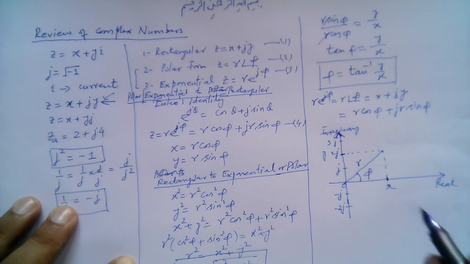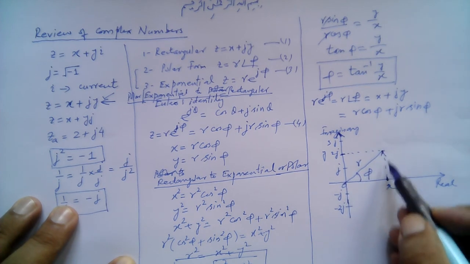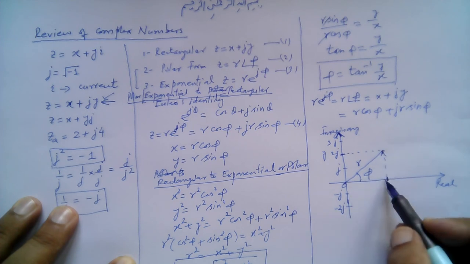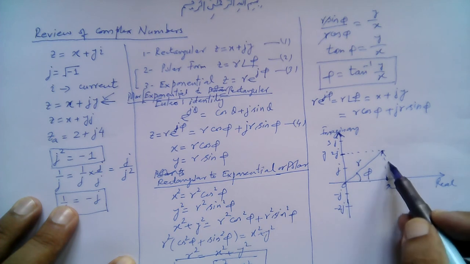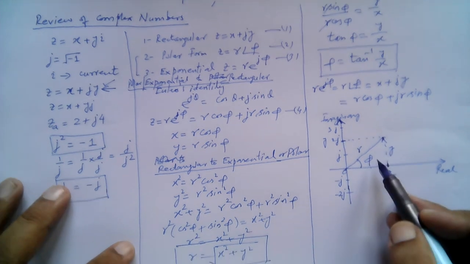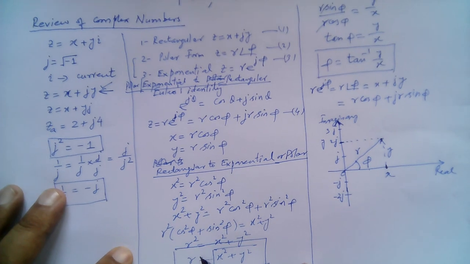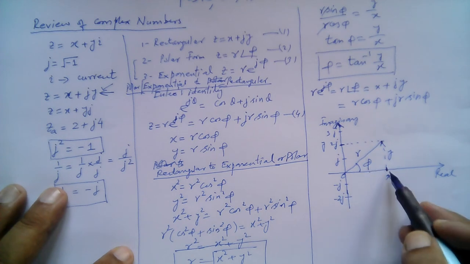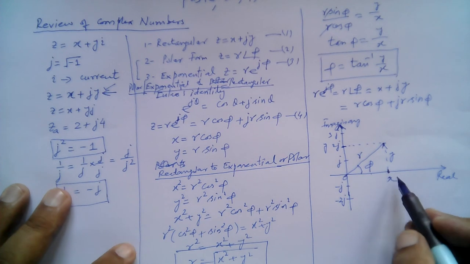If we consider this a right triangle with the vertical component and the horizontal component along the x-axis, then we can again find r using the square root of x square plus y square. This gives us r here, right? And we can find phi from tan inverse of y over x. Similarly, we can find the rectangular components from here.